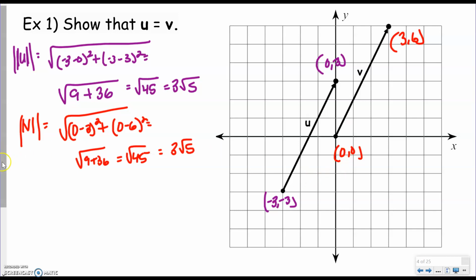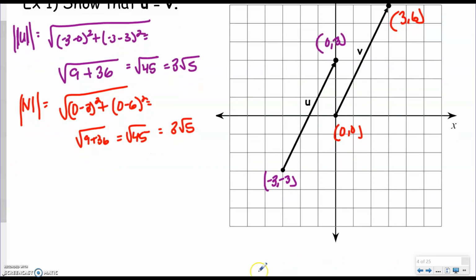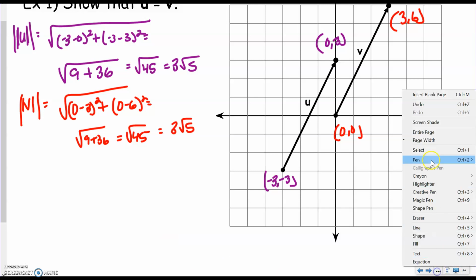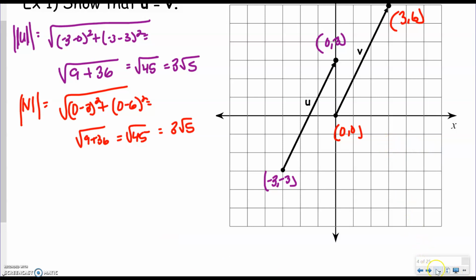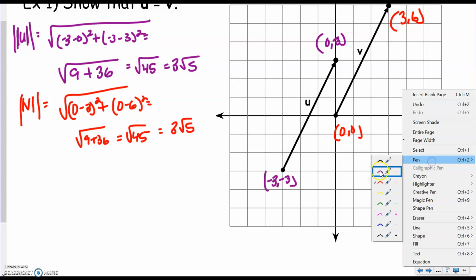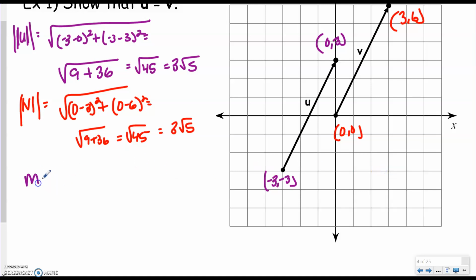The next step is to find the slope for each of those, so we can make sure that they're going the same direction. So we are going to go ahead and find the slope of U. We're going to do y2 minus y1 over x2 minus x1. We get 2.